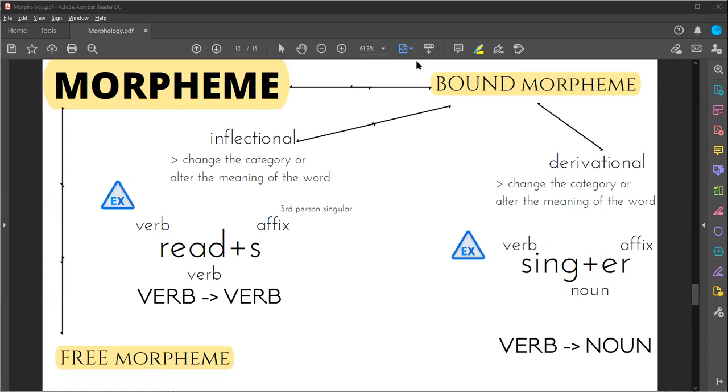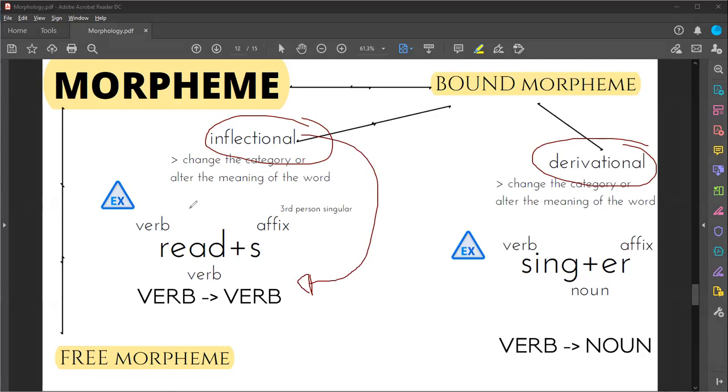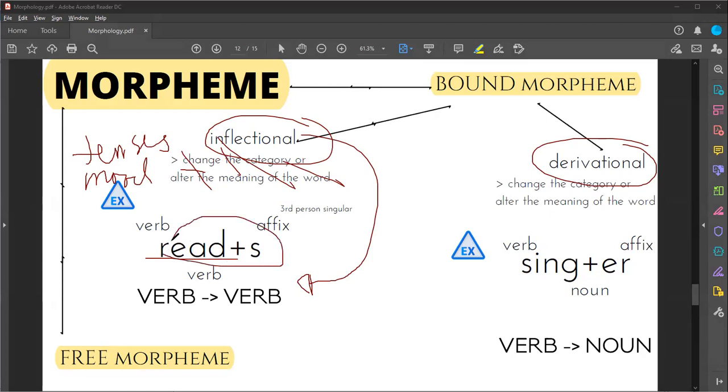Okay, so that will be inflectional and that will be derivational, okay? So let's go back again. When we talk about inflectional, we are just changing the tenses or the mood. We are not changing the category of the word. So read is a verb, and reads is just a verb.